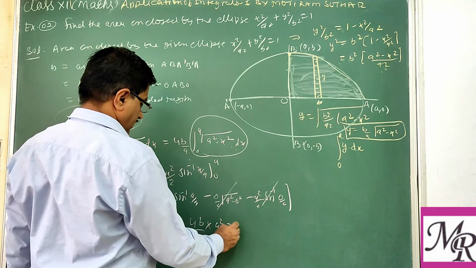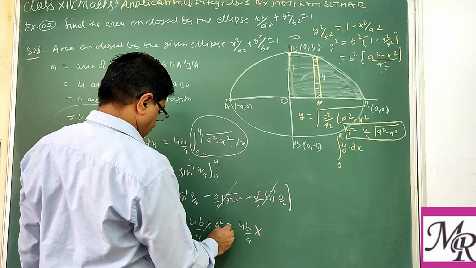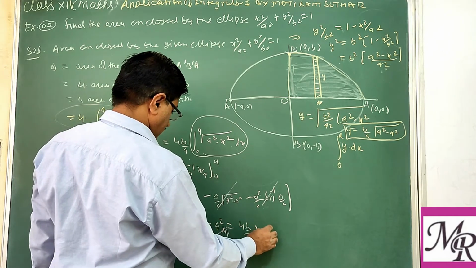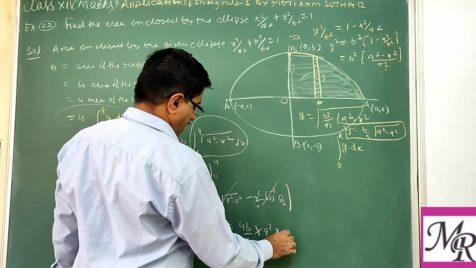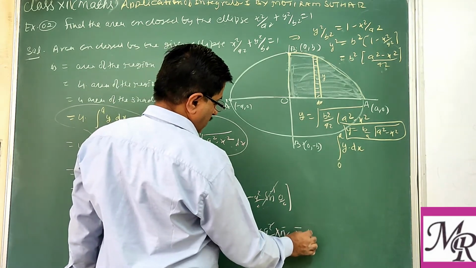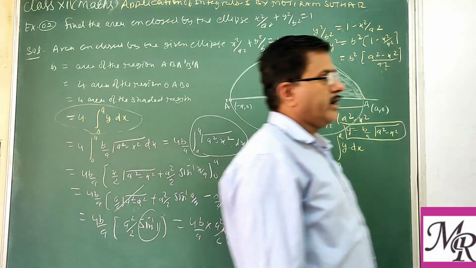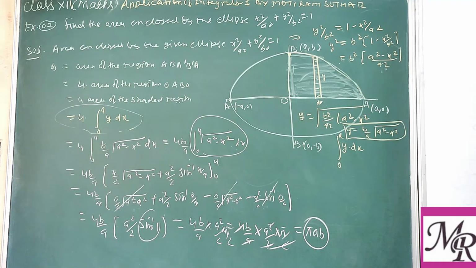So we put here 4 by a into b, and here a square by 2 into pi by 2. So 2 into 2 is 4, and one a will be cancelled. So we get pi ab. So the required area enclosed by the ellipse is given by pi into ab.